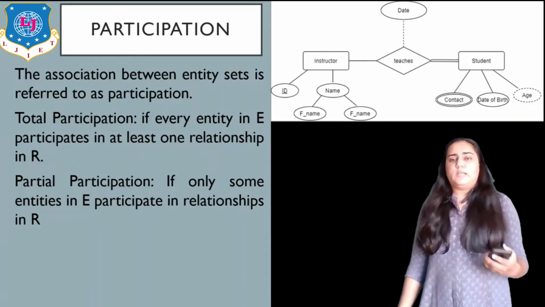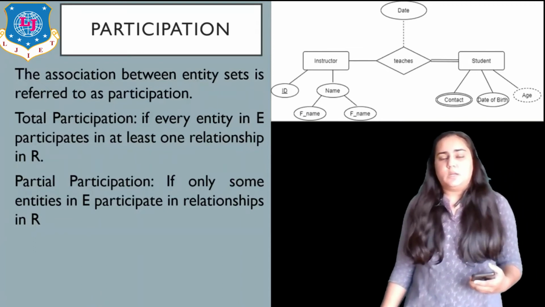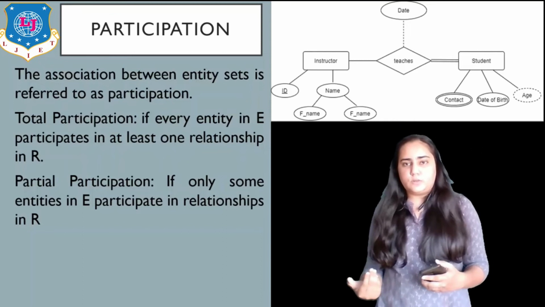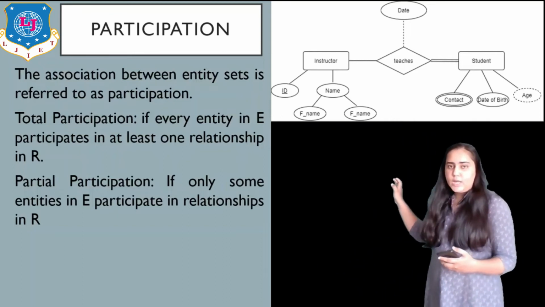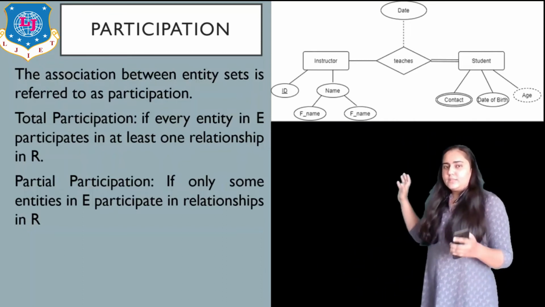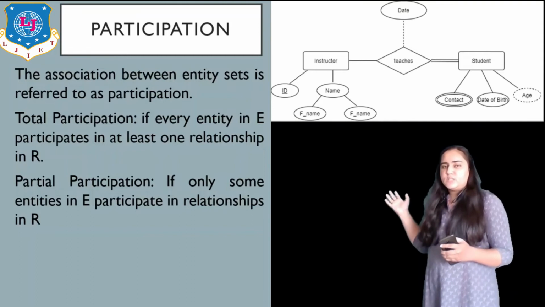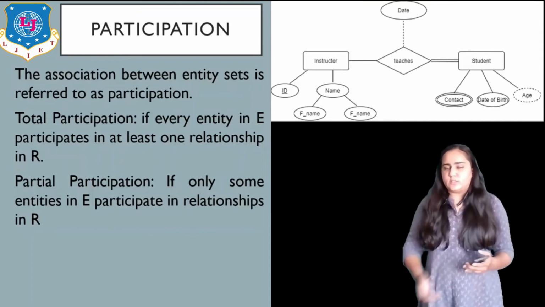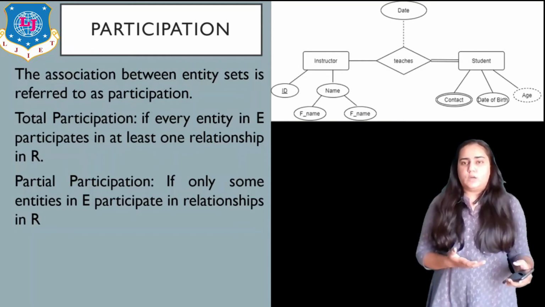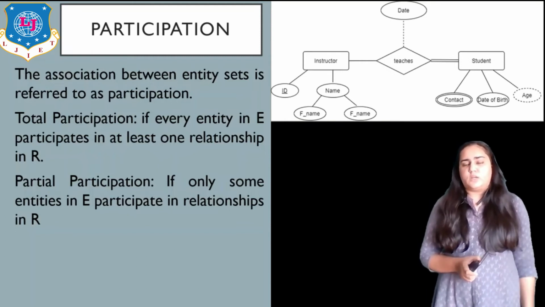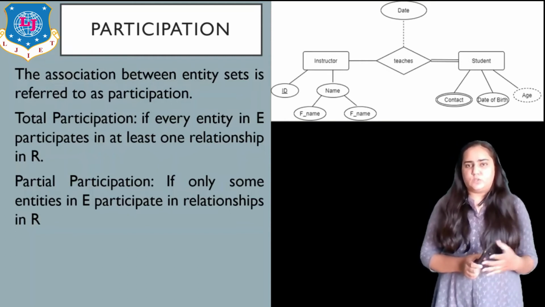So when you have a relation between a teacher and a student, let's say that every instructor is not teaching some student. It's possible there are some instructors who are only doing some research work, not associated with students.